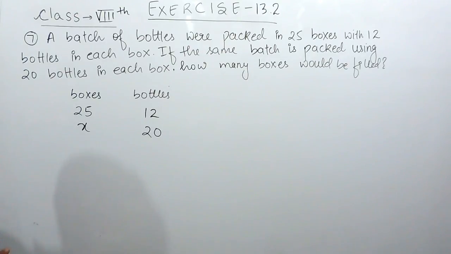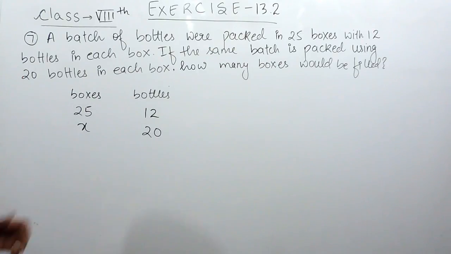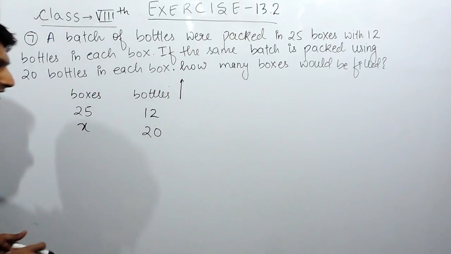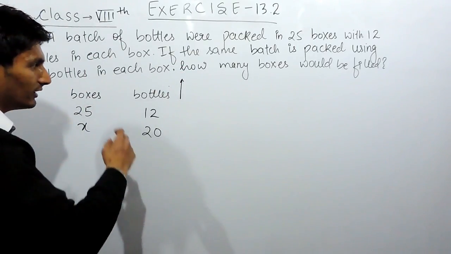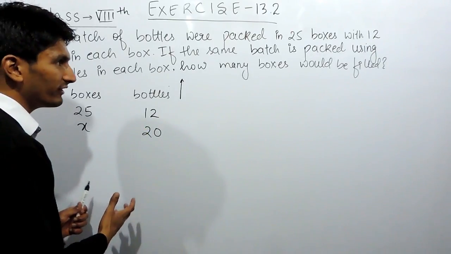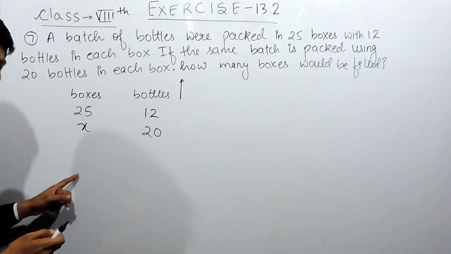After that, we must know whether this is a question of direct proportion or indirect proportion. For that, let's increase one parameter. If I pack more bottles in a box, obviously the number of boxes required will be less.